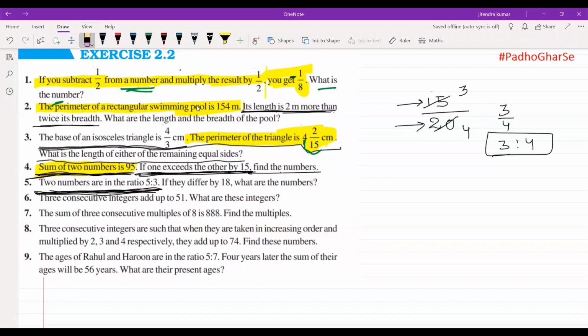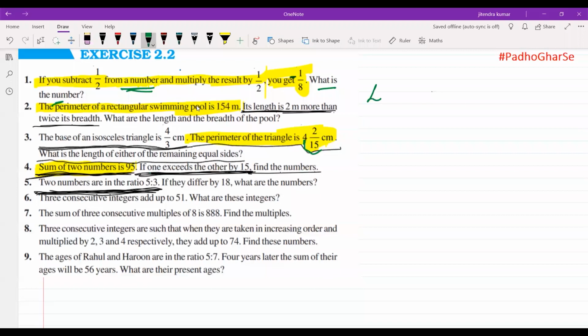So in this type of question, whenever the ratio is given, we consider the numbers to be 5x and 3x. Why have we considered 5x and 3x? Because the ratio given here is 5:3.